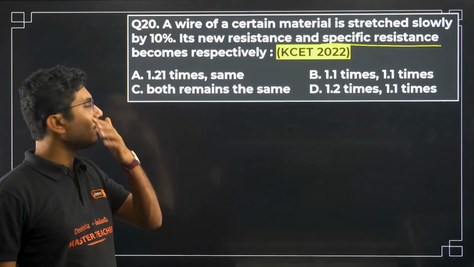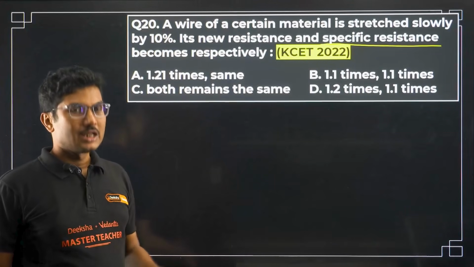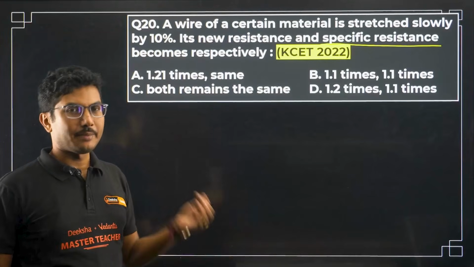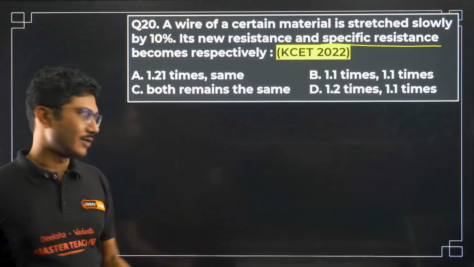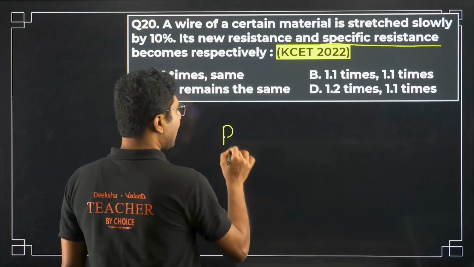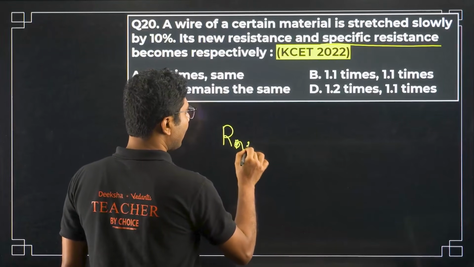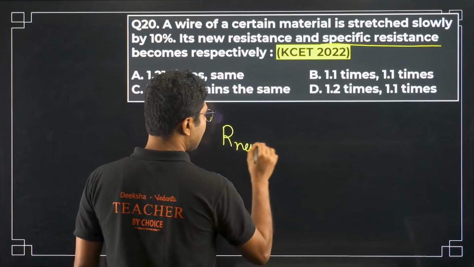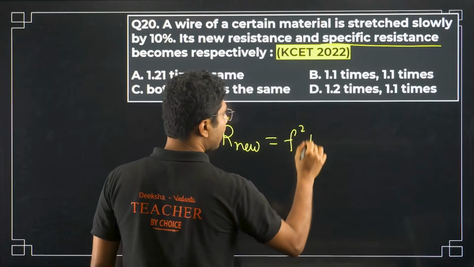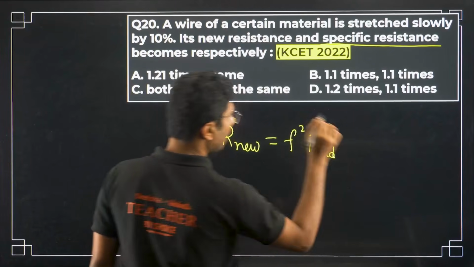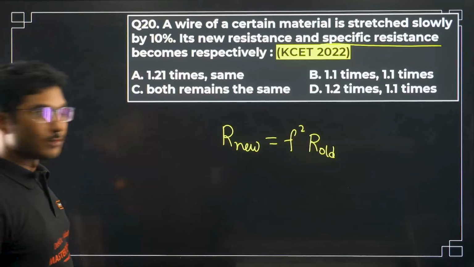Specific resistance will always remain the same, but the resistance will change. Now if you remember, what is the R new value? R new is the factor square times R old. This was the formula I told you.